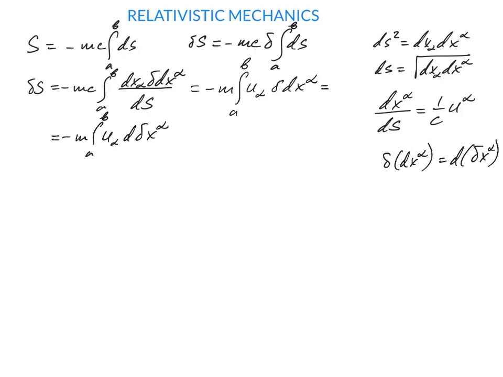Now we integrate by parts. So we find minus m u alpha delta x alpha substituted at the limits, and then plus m integral from a to b delta x alpha d u alpha.